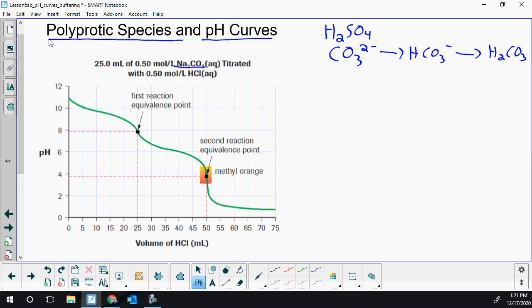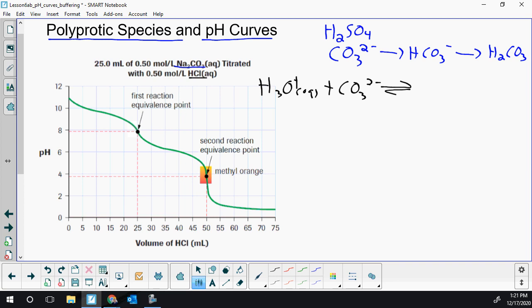So I'm skipping the 5 steps. If you went through the 5 steps with those 2 chemicals, you would end up with hydronium as the strongest acid in the table, because hydrochloric acid we broke up, and carbonate, CO3 2-.